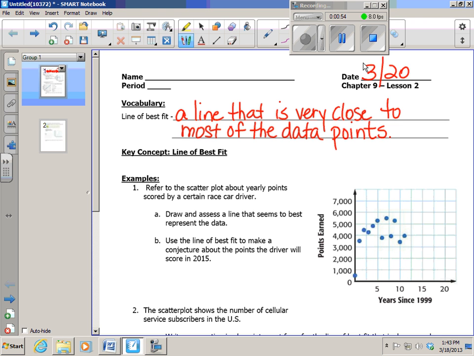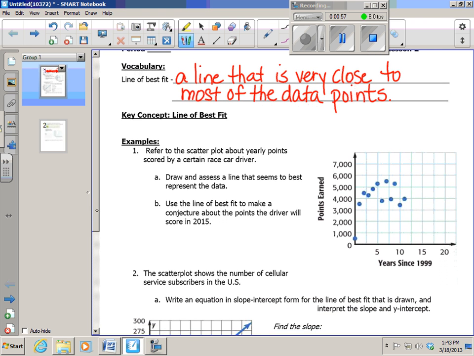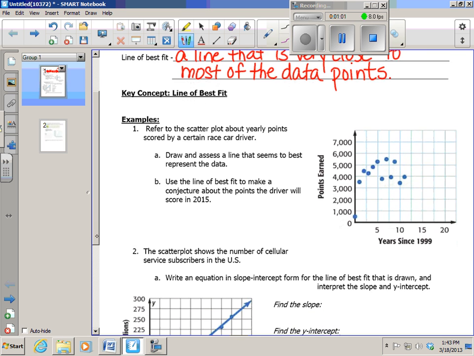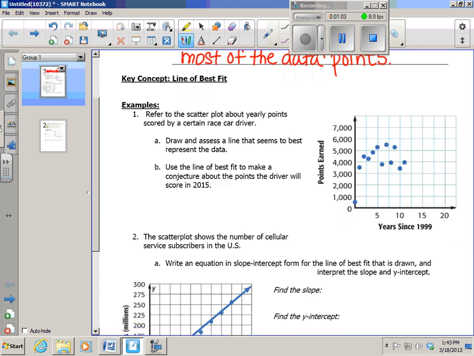And so example number 1 says, refer to the scatter plot about yearly points scored by a certain race car driver. Draw and assess the line that seems to best represent the data, and then use the line to make a conjecture about his score in 2015. And so I'm going to draw a line of best fit through this information.